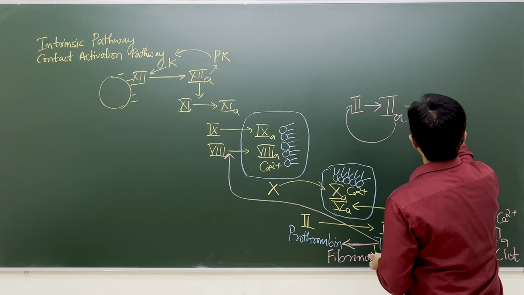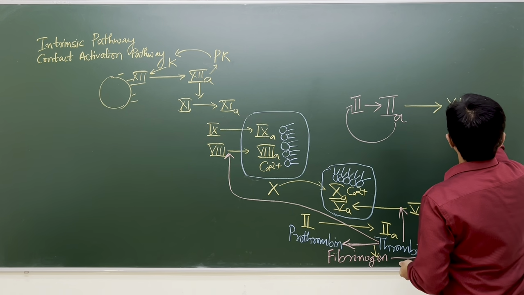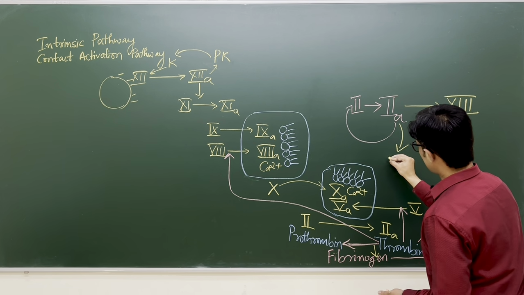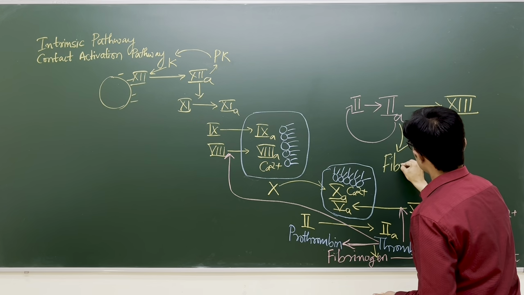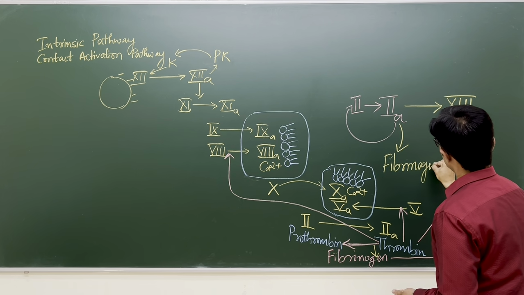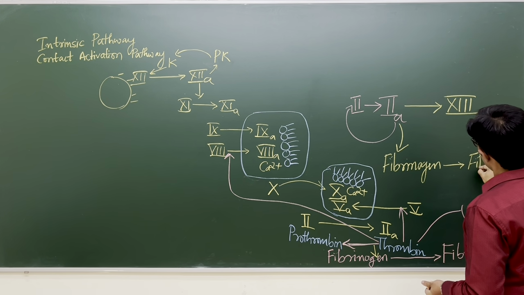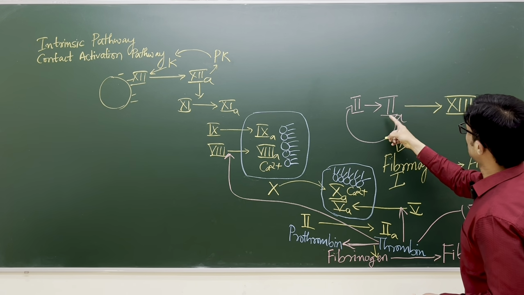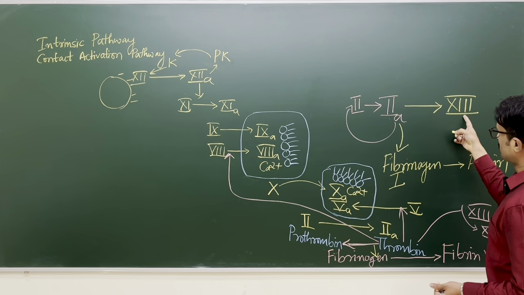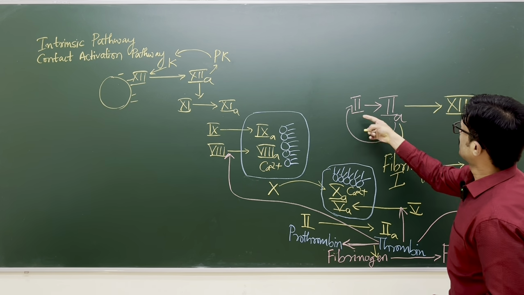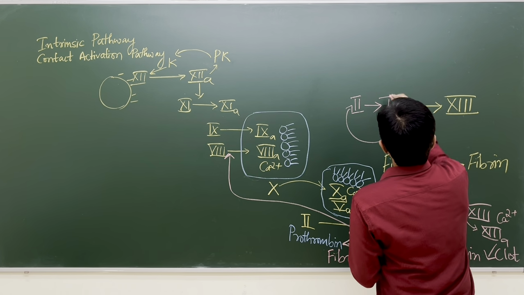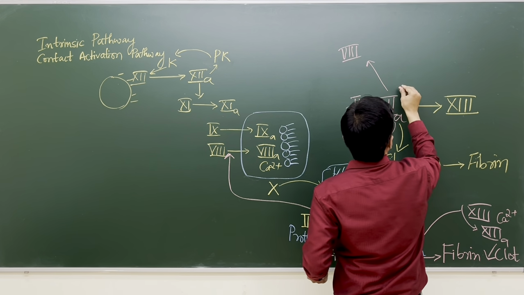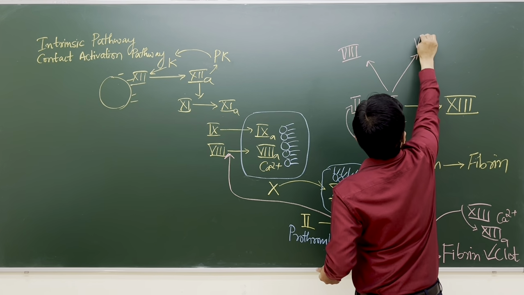This can activate 13. This will activate or convert fibrinogen to fibrin. Fibrinogen is factor 1. So factor 2 thrombin will activate factor 13, factor 1, auto activation, and also it can activate the upstream factor 8 to activated factor 8 and also factor 5.